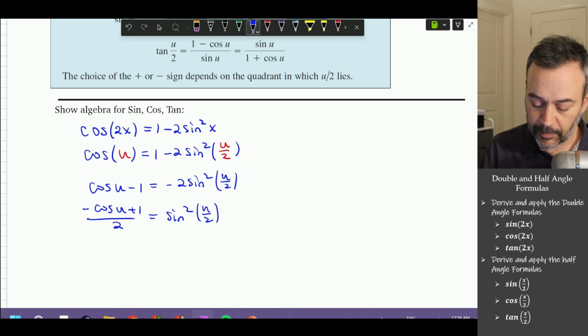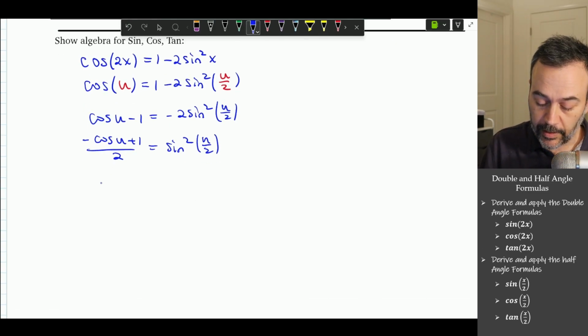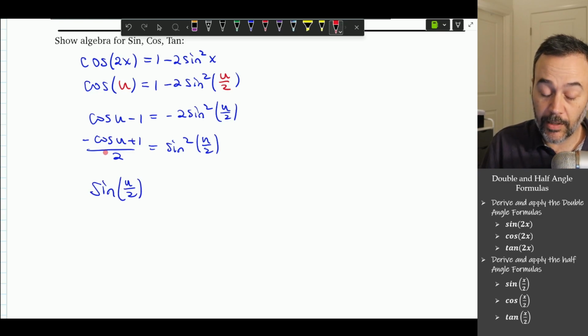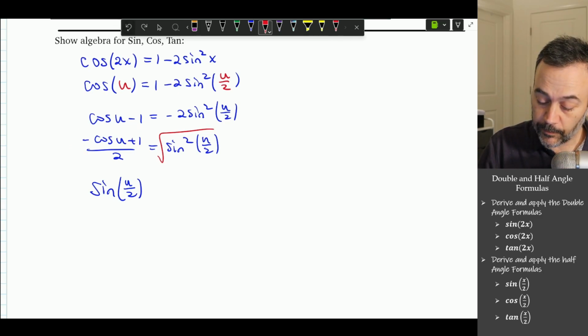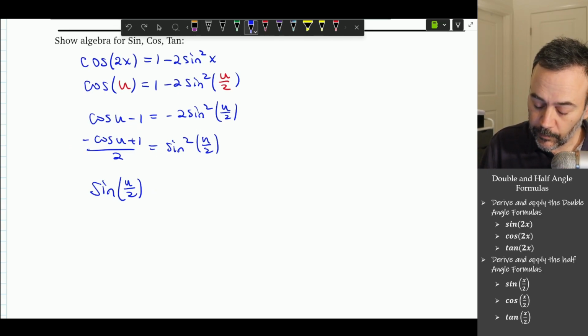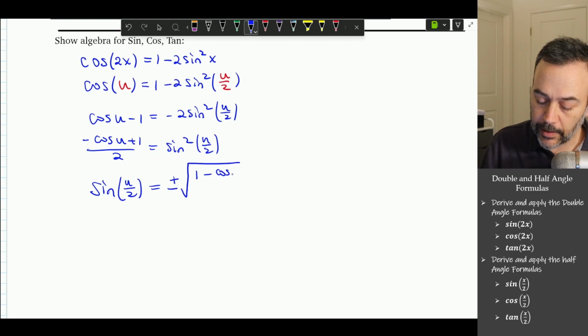The sine of u over 2 is plus or minus the square root of 1 minus cosine u over 2.